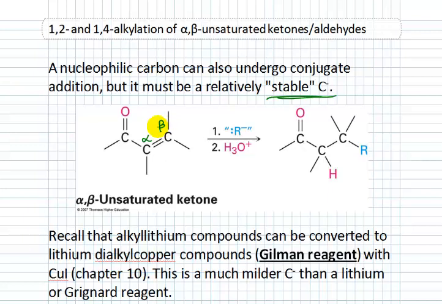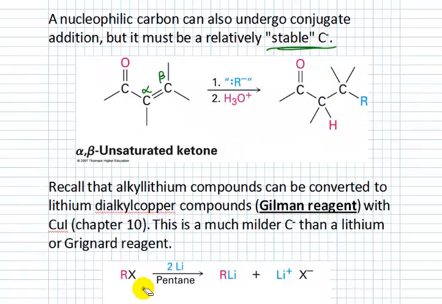So if we think back to our alkyl halide chapter, you'll remember that we could form a stable C minus by reacting an alkyl lithium compound. We start with an alkyl halide, react it with lithium, and we get an RLi, which is essentially R, a C minus, and an Li plus.